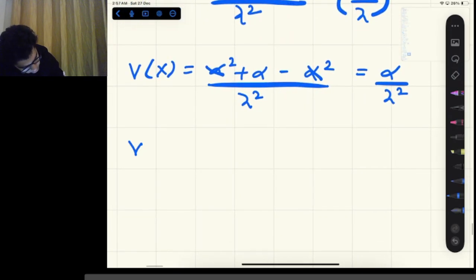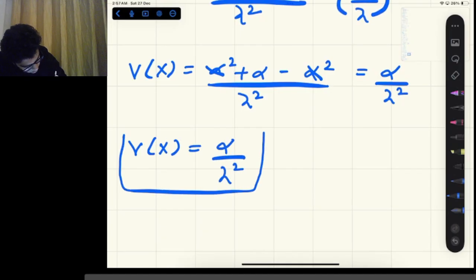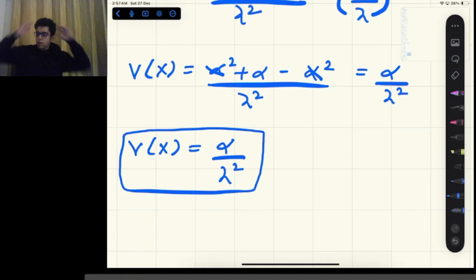So my variance becomes alpha upon lambda square, and the mean is alpha upon lambda.